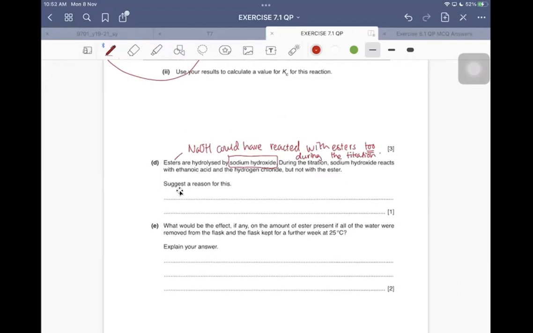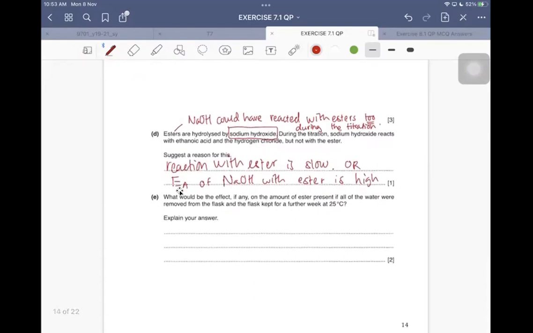The answer is you just have to assume that the reaction with ester is slow so that it becomes small or negligible, or you can say that the activation energy of the reaction of sodium hydroxide with ester is high. These are just some suggestions. We don't know that, but it's an acceptable suggestion.